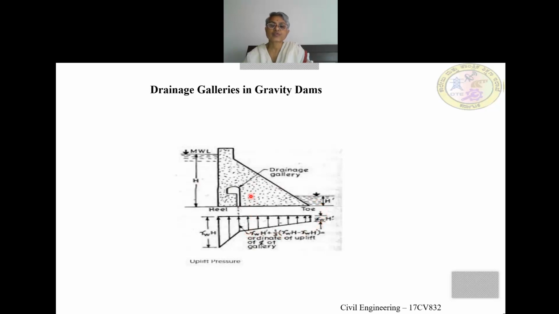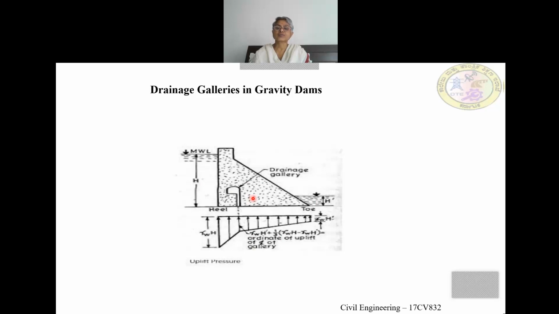This uplift force is in the upward direction, while the weight is in the downward direction, so it reduces the weight of the dam. Which will decrease the stability of the dam, because weight is mainly responsible for the stability of the dam. This uplift force will reduce this weight.